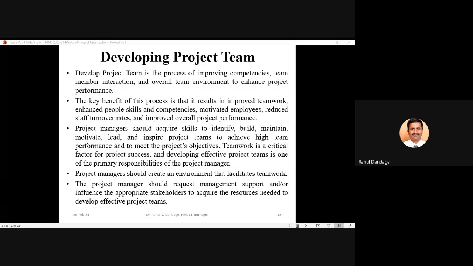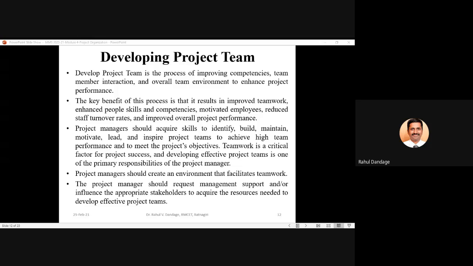And since teamwork is a critical success factor for project, the project manager must take this responsibility that the project team must be developed effectively to meet the project objectives. So the responsibility lies on the shoulders of your project manager to make effective project team development plan.